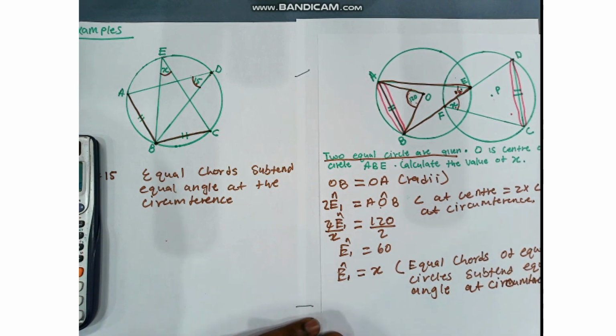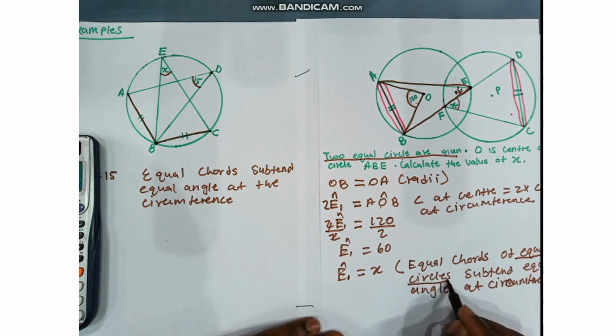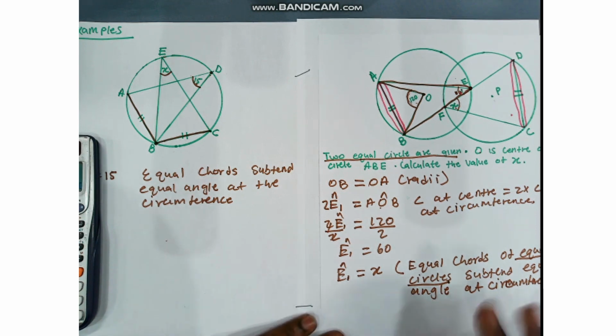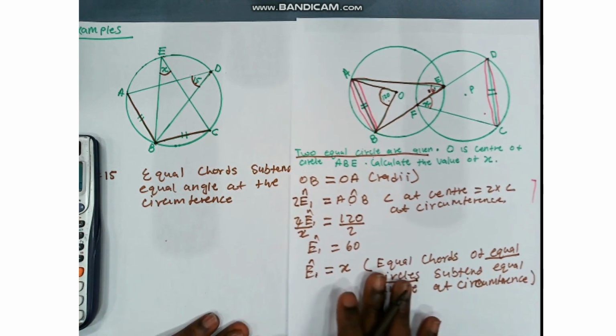It's very important to state where, at the circumference, because at some point they can subtend at the center, so you must be specific about where they subtend these angles. And also something very important: equal circles. There are two circles, so you must be specific about that one. If you get that one, I don't think you're gonna have a problem, guys.